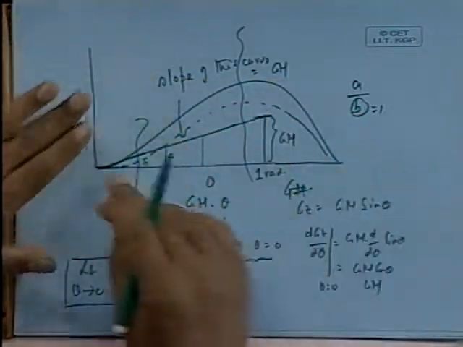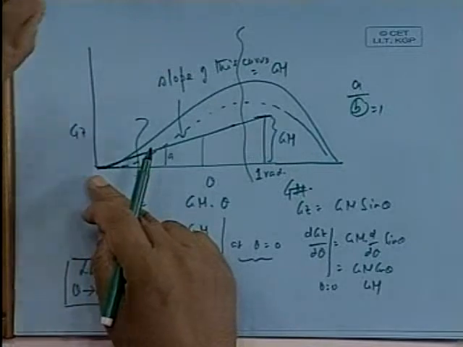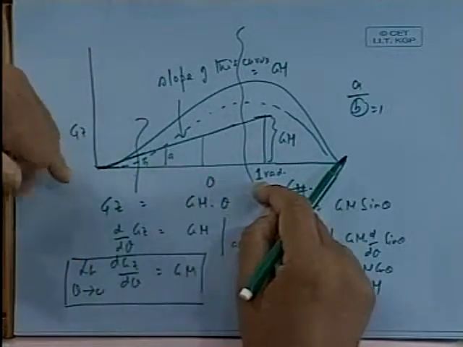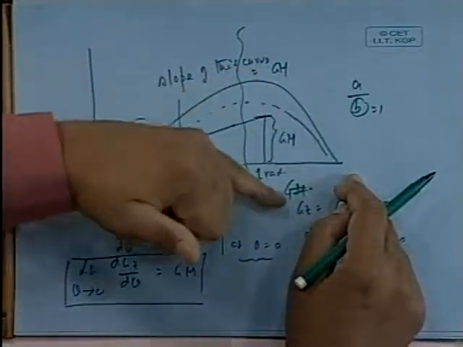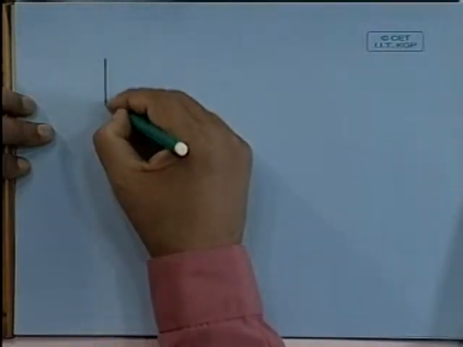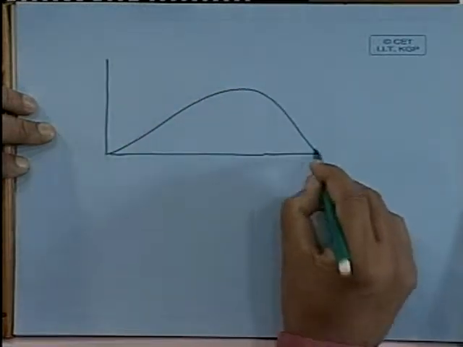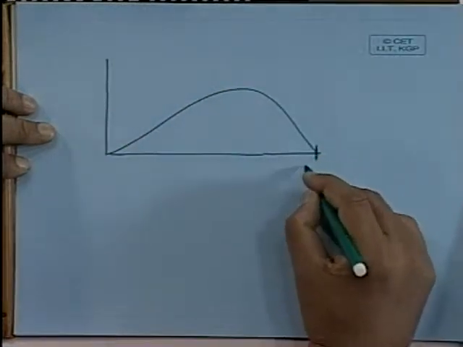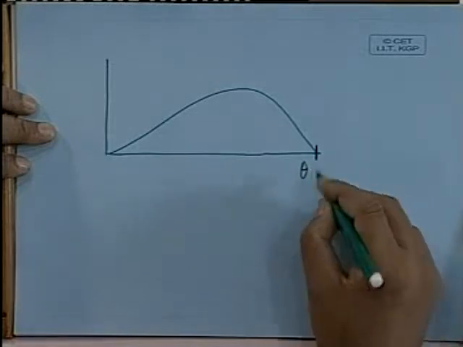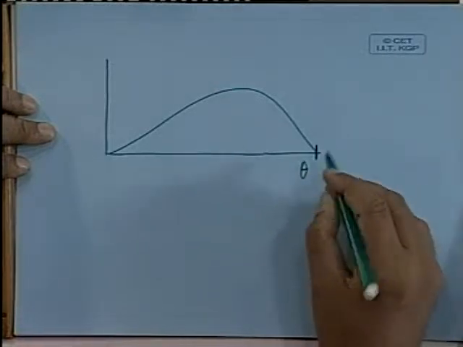See, when GM is 0, it means it is not stable at 0 degree, but it can still be stable at a larger angle. You see, some other characteristic of this curve. This angle is called, well, you can say angle of vanishing stability.